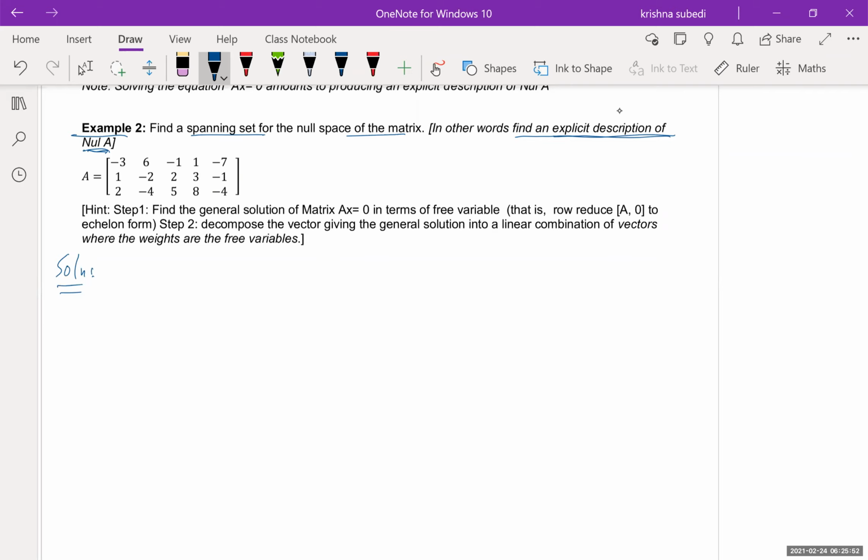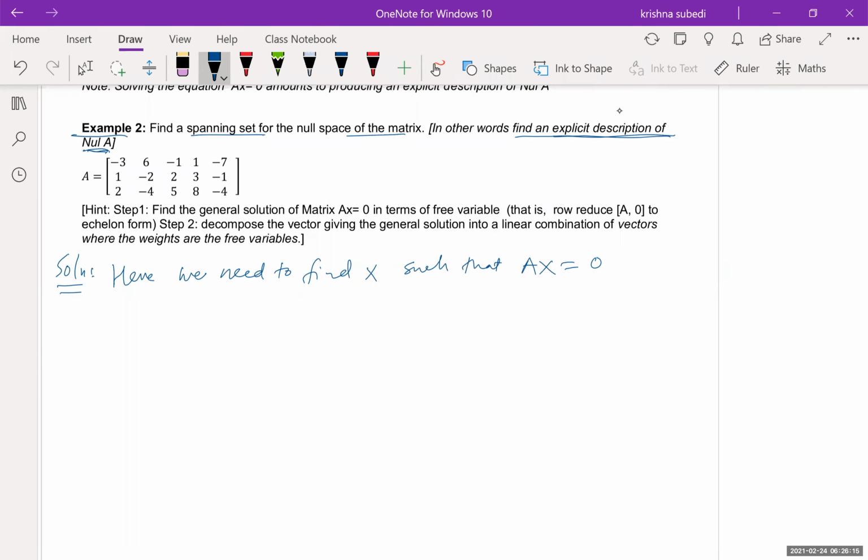So that's the definition. We need to find x such that Ax equal to 0. That's all we need to find.